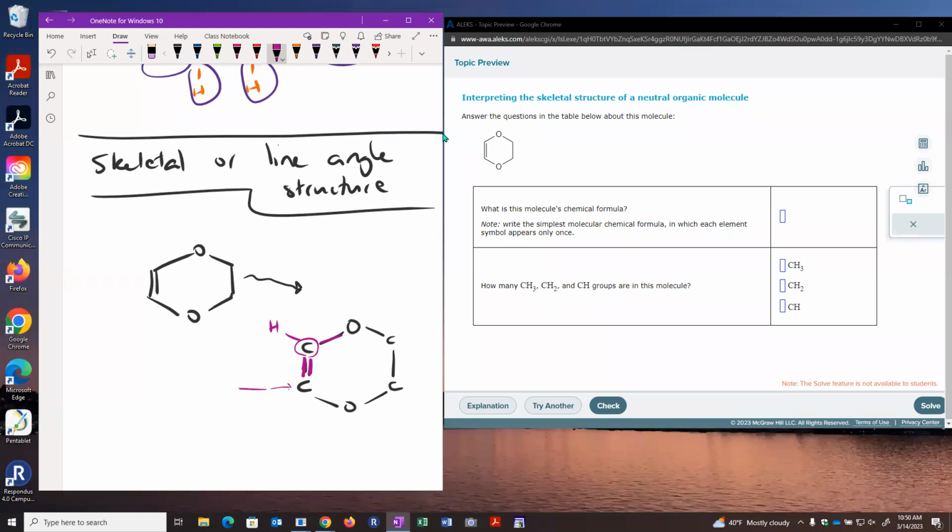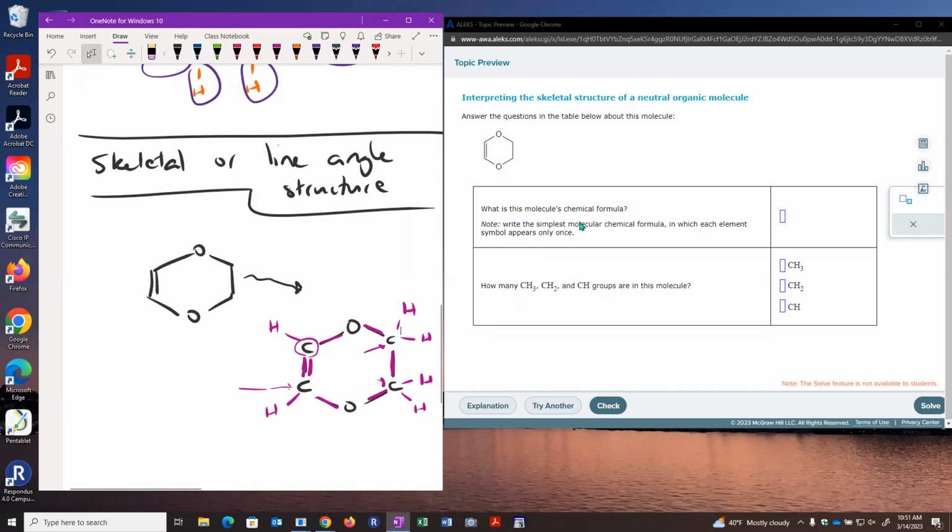This has got 1, 2, 3 bonds, so we need a 4th one to an H. This carbon here has 1, 2, so it needs 2 more H's. And this one here is in the same boat. It's got 1, 2 bonds, so it needs 2 more H's attached to it. All right, so I've taken my skeletal structure and I've converted it into an expanded structural formula that shows me every atom and every bond.